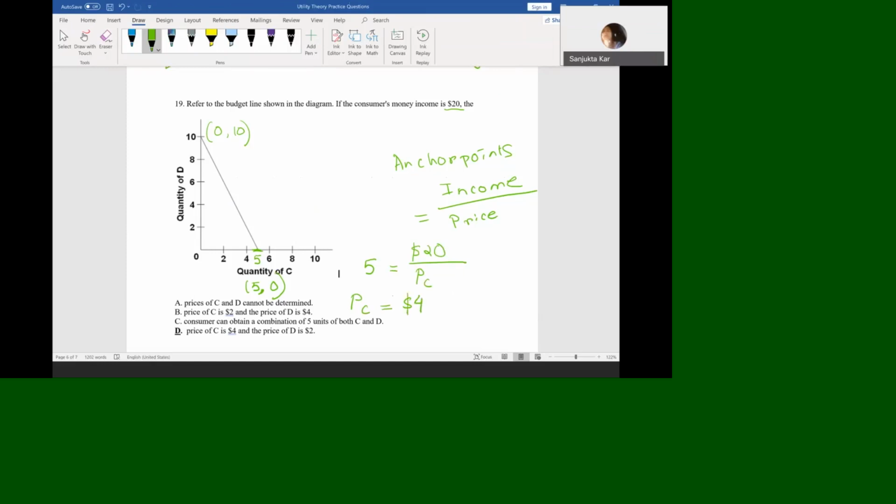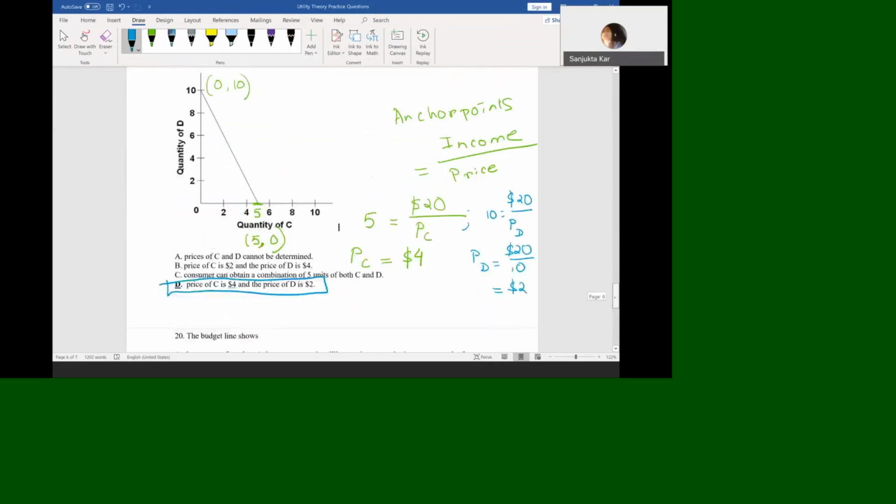Likewise, I can do the same thing for good D, which is 10 is equal to 20 over price of good D. So the price of good D is equal to 20 over 10, which is $2. So the price of C is $4 and the price of D is $2. That's my answer to this question.